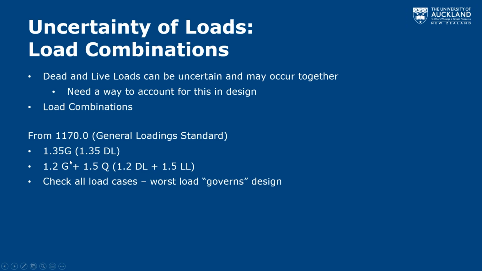And this is really reflective that we've got more certainty in what our permanent load is going to be, because we know the size of our members, we know what we're going to fix onto a structure, but we've got a lot less certainty around how many people might be there, what furnishings might get put on, and all those other things which are sort of out of the control of the structural engineer once the design is built. So to account for that and account for the greater uncertainty, we increase that load even further. So that's really our tool to deal with this uncertainty, these load combinations and these load factors.